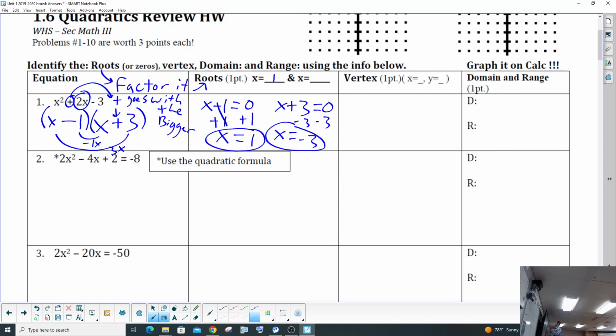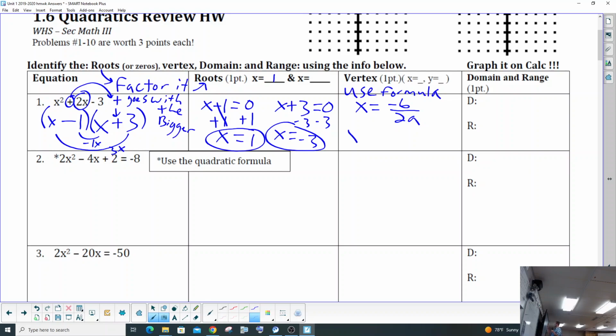Now to find the x value of the vertex, you have to use a formula. The formula is x equals negative b over 2a. It's part of the quadratic formula, x equals negative b plus or minus the square root of blah, blah, blah, all over 2a, which we'll get to.